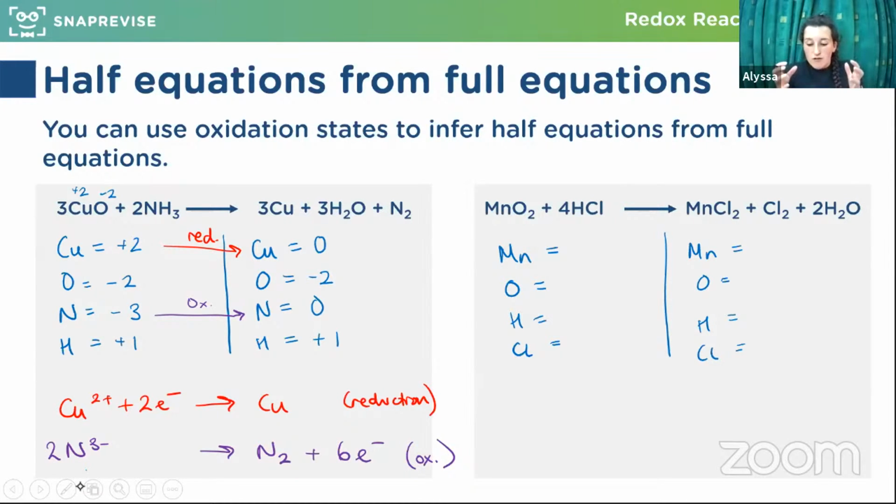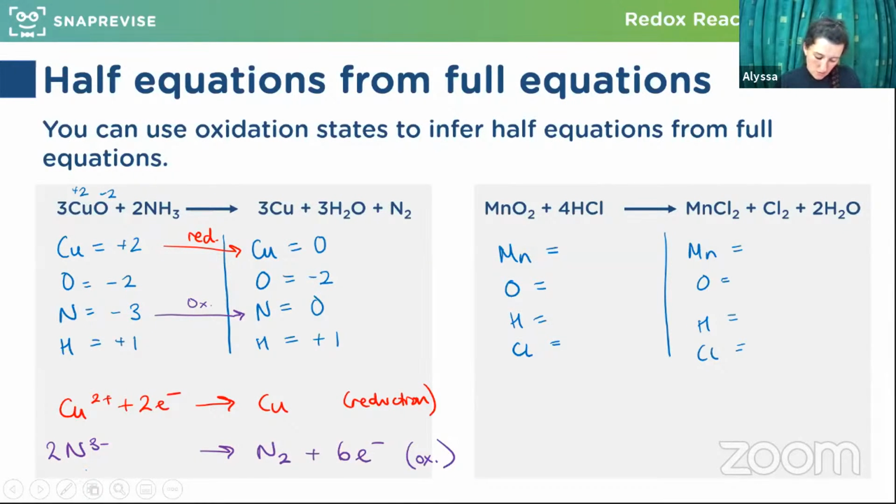So it started off as a whole N3-, and then 2 of them both lost 3 electrons, so both of them together lost 6 electrons. So they started off as one unit, and then it produced N2 and 6 electrons. So it does matter. It tells us what happened to the electrons, basically. Great question, but it does matter.